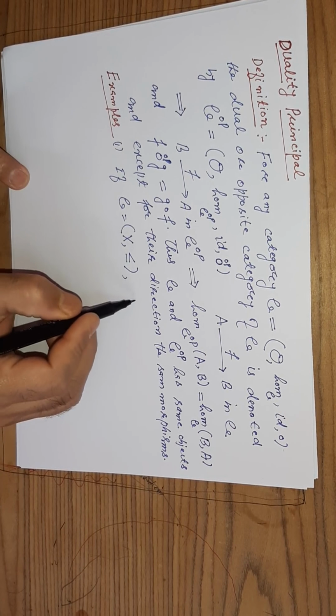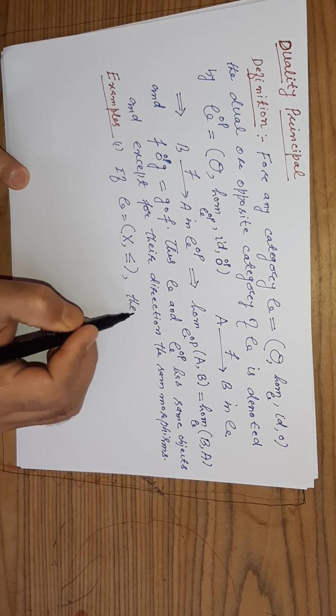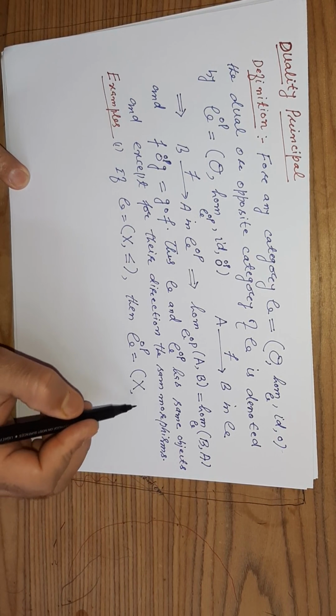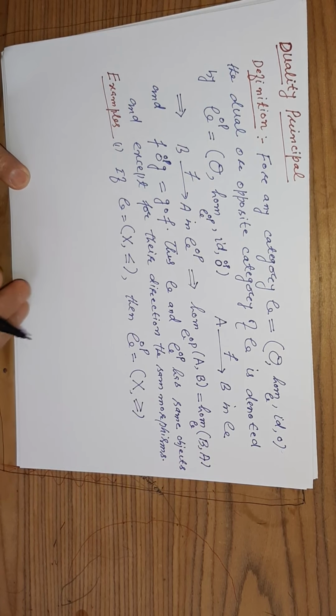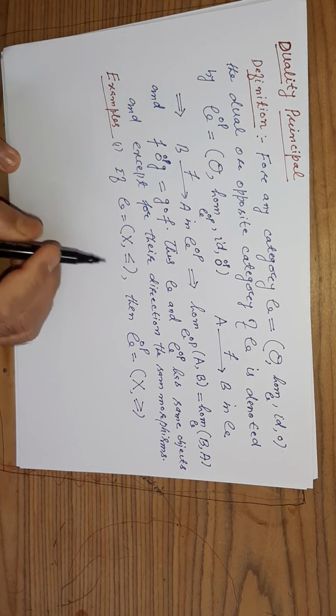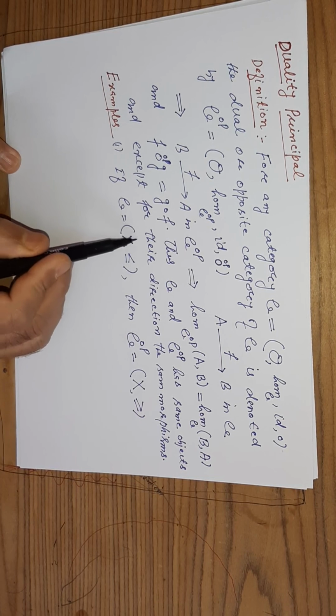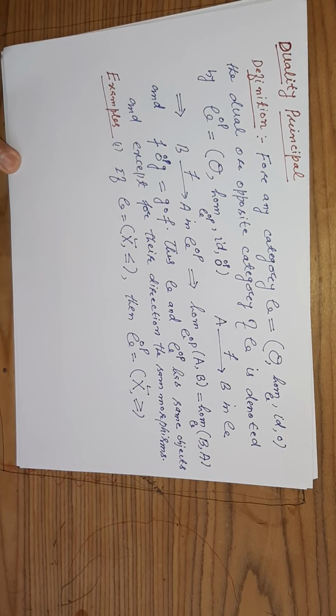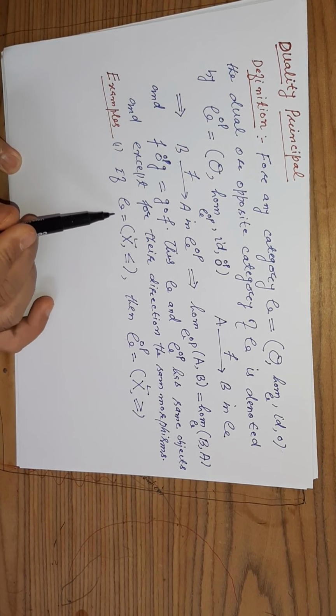Then our C opposite would be what? C opposite would be nothing but X, but now the relation in place of less than or equal to would be greater than or equal to. How? Let us see. So the object class in C and C opposite is the same. Here it is X, here it is also X. So how did we define the arrows in this category C?